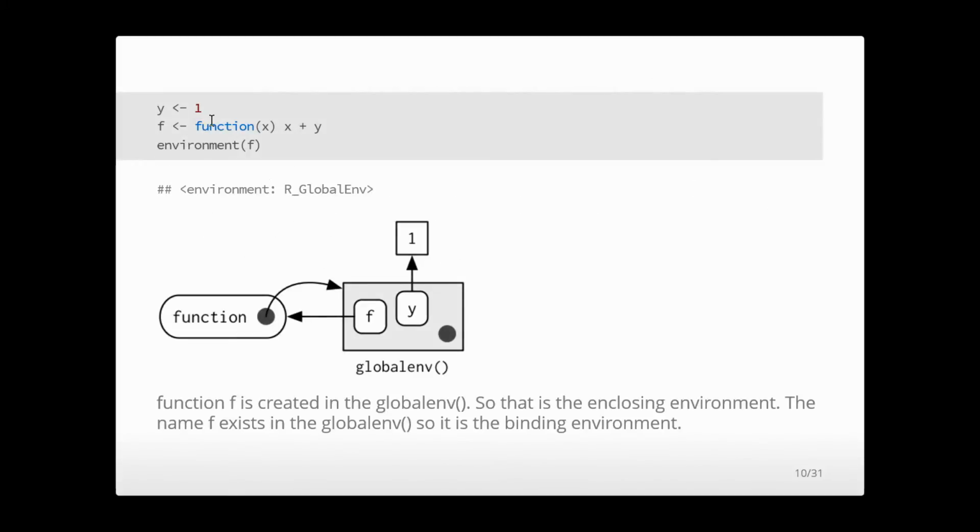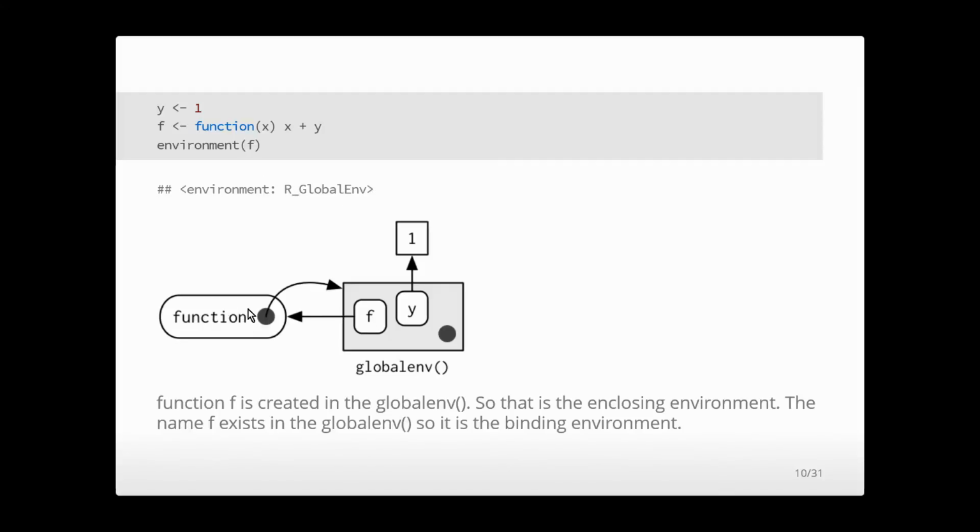Here's a simple example. I'm creating the value y is 1, and I'm creating a function f, where f is x plus y. Anytime you use the function environment of something, it's going to tell you its enclosing environment. So the enclosing environment of f is the global environment, and this is what it looks like.